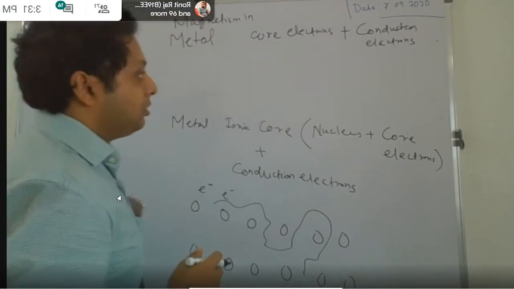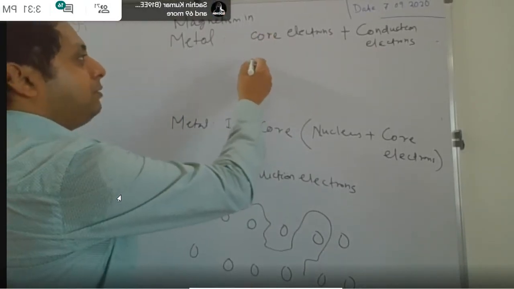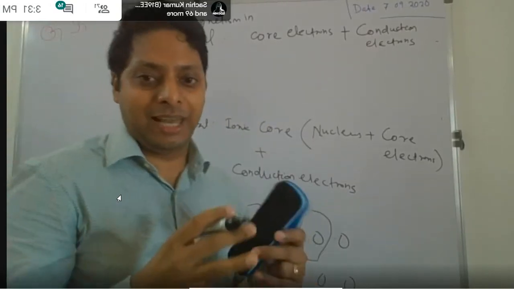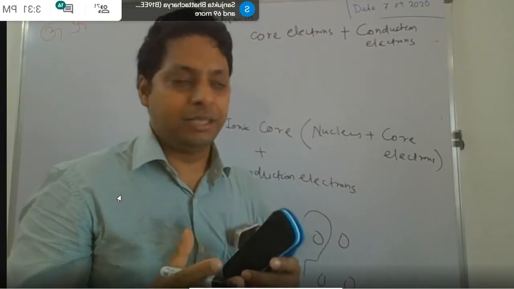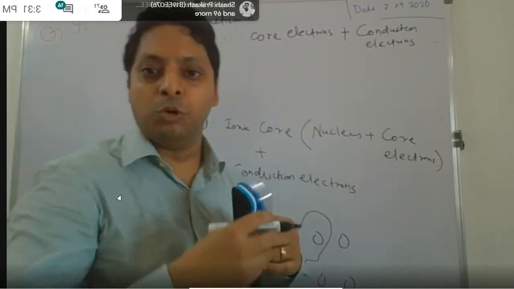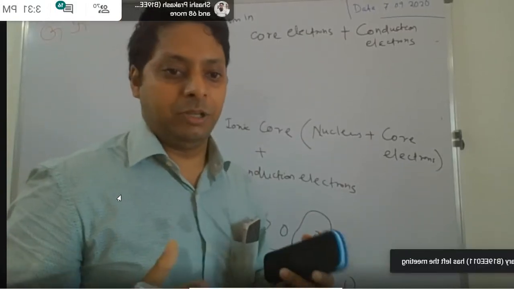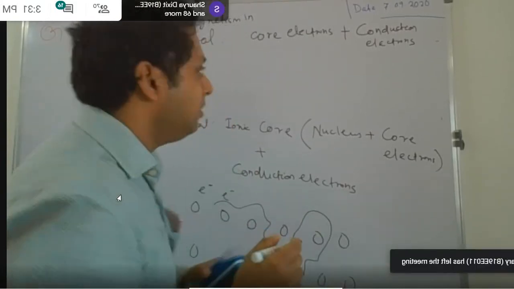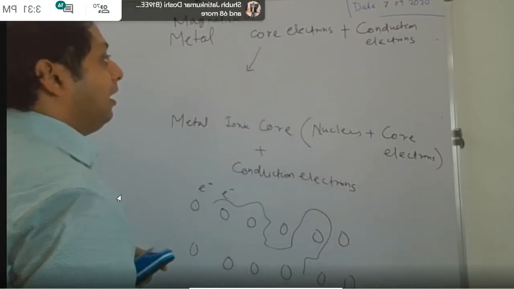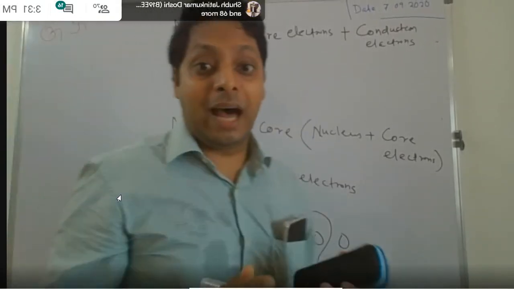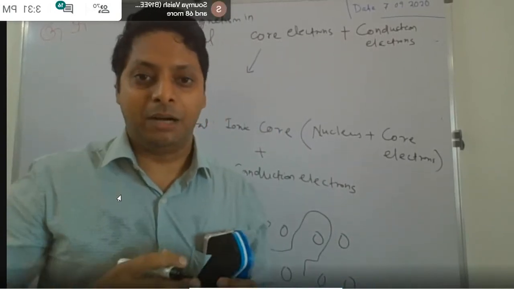Now, the core electrons are just stationary, almost atom-like, right? The conduction electrons are moving freely, but your core electrons are just like your normal atoms. And these core electrons are all filled shells, so they are completely full.